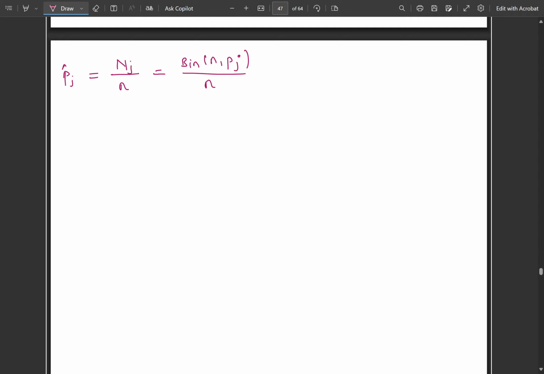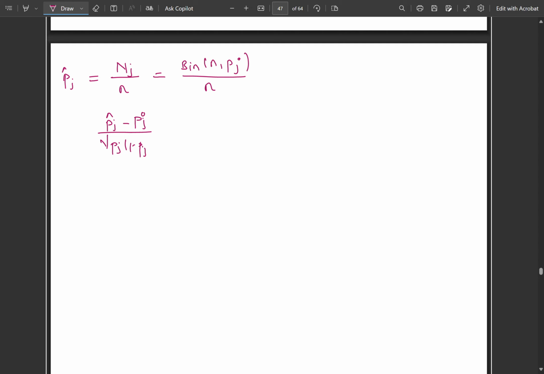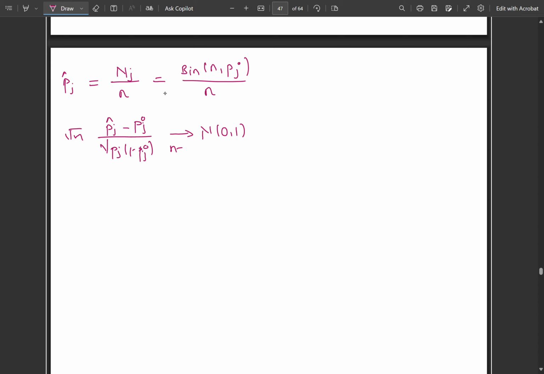Yes, we can apply the central limit theorem to this binomial distribution, and when we do that, it becomes p hat j minus p naught j divided by the square root of pj times 1 minus pj, multiplied by the square root of n. This gives us the normalized version, which should eventually equal a standard normal distribution, N(0,1), as n goes to infinity, in distribution.